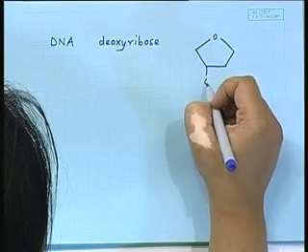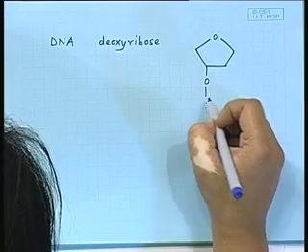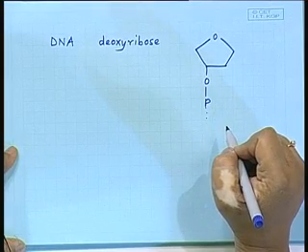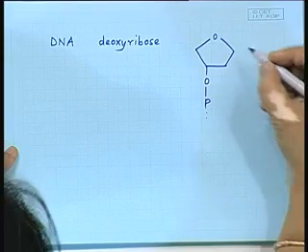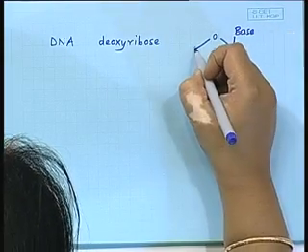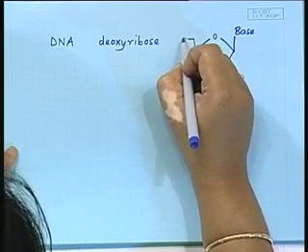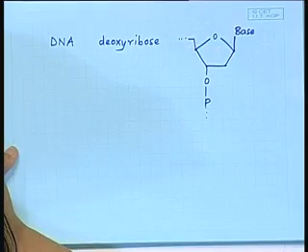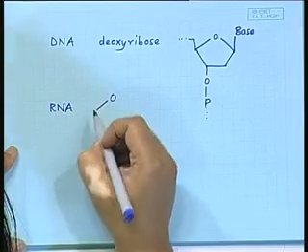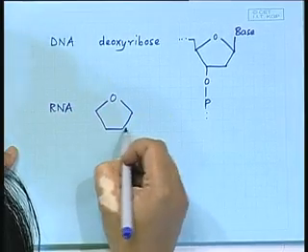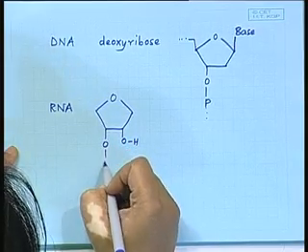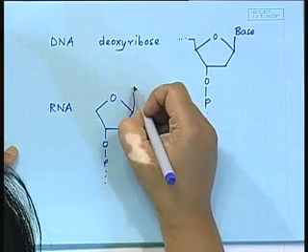It is essentially the same, P and so on. This is missing. It is deoxy at the 2 prime position. Whatever the rest of the chain. What did I have for RNA? I had this. OP, rest of the chain and the base.